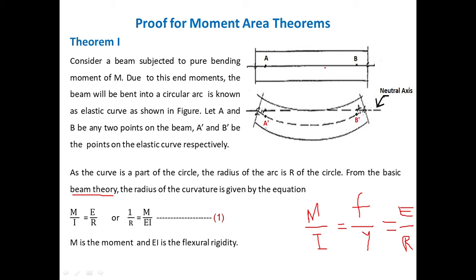Consider any 2 points A and B, that become A dash B dash after the deflection. As the curve is a part of a circle, the radius of the arc is R. As already told, this arc is a part of the circle, so it will have one radius center.